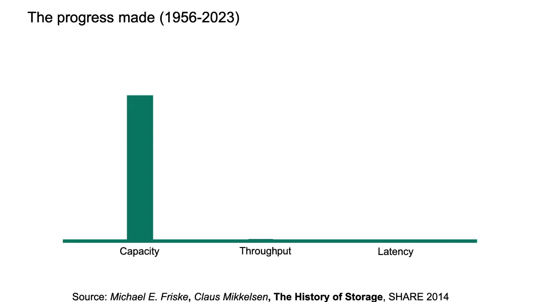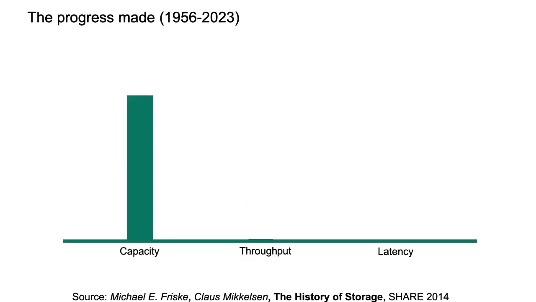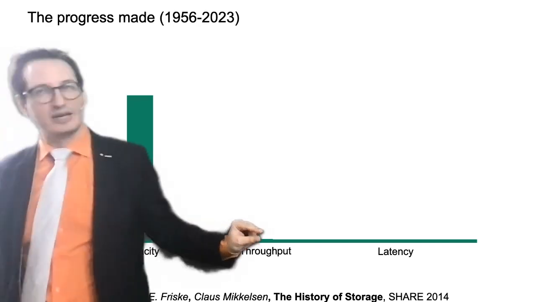But the thing is, if you look at the evolution of what has happened in the past 70 years, it's an absolute catastrophe. It's an absolute catastrophe because the capacity has enormously increased. What you can store per unit of volume has increased. And the throughput, in comparison to capacity, has increased by that much.